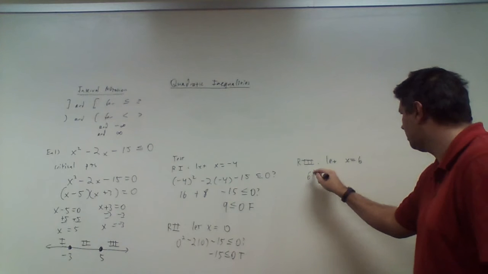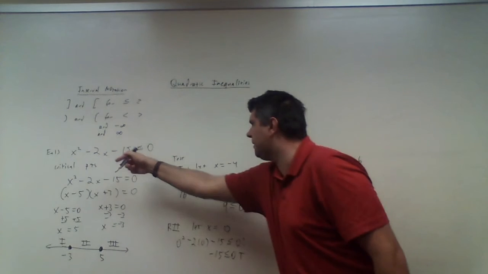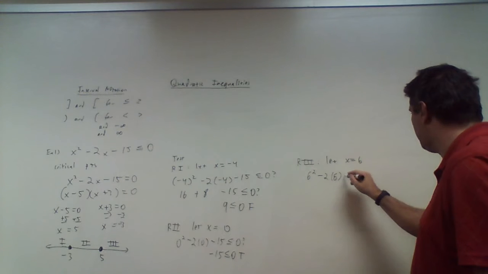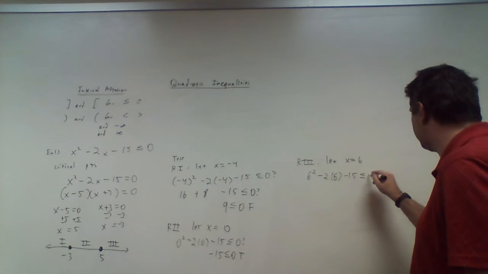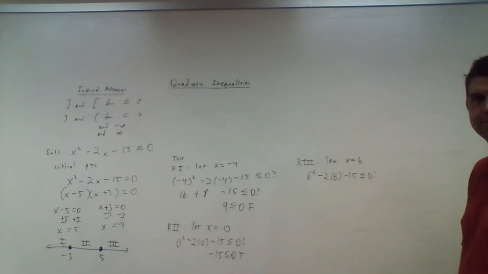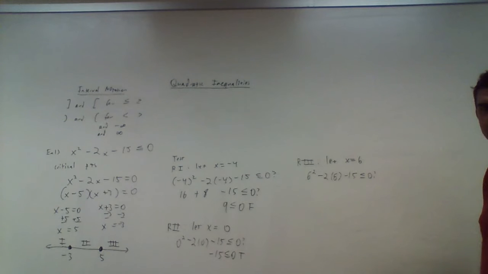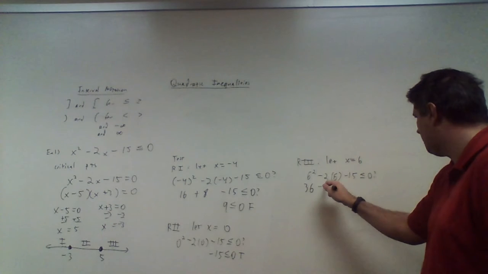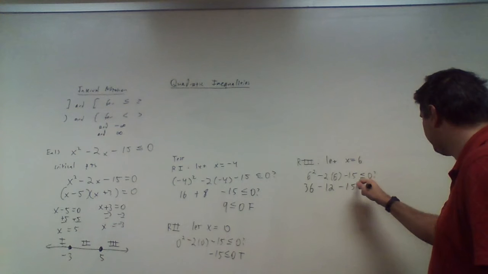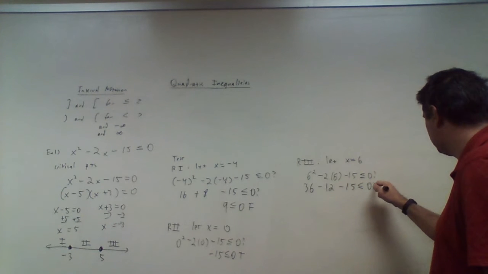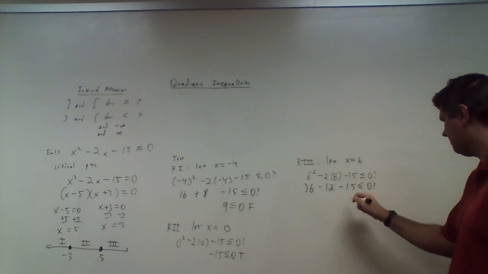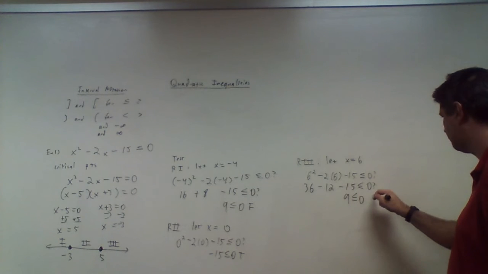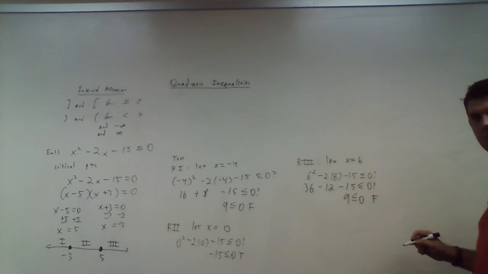So 6 squared minus 2 times 6 minus 15. I want to know if that's less than or equal to 0. 36 minus 12 minus 15. That's 9. And that's false. 9 is not less than or equal to 0.